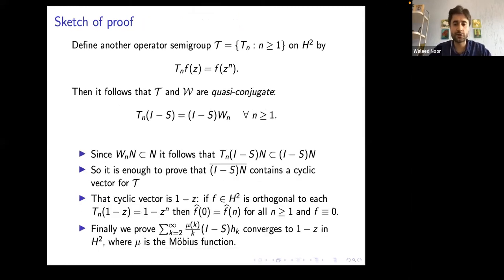So here I have a short sketch of the proof, though I don't think I will go through it. The main observation is that this is the first part in the work where number theory plays a role, in the form of the prime number theorem. We have to prove a certain approximation in which the Mobius function appears.